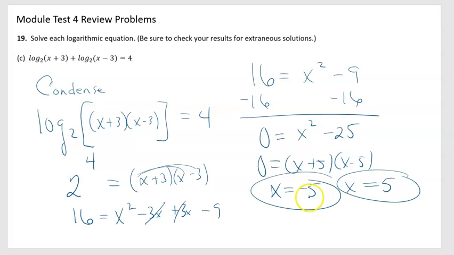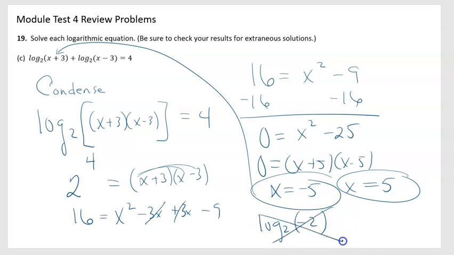Look, y'all, if I take negative 5 and I plug it in right there, that's going to give me log base 2, watch this, log base 2 of negative 5 minus 3, of negative 2. I can't do that. Negative 5 is out. But if I take 5 and plug it in there, that'd be log base 2 of 8. If I take 5 and plug it in here, it'd be log base 2 of 5 minus 3, which is 2.